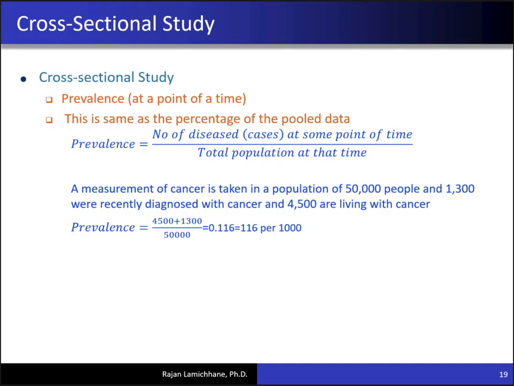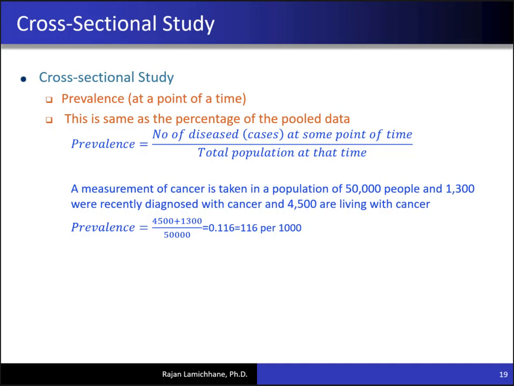In a cross-sectional study, we usually calculate the percentage or the prevalence, which is just the number of events or disease cases at some time point divided by the total population at that time point. So it's just the overall picture at a certain time point, and we are not looking at any other factors at this point.